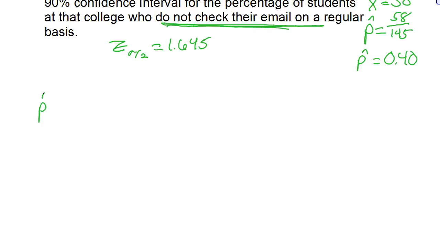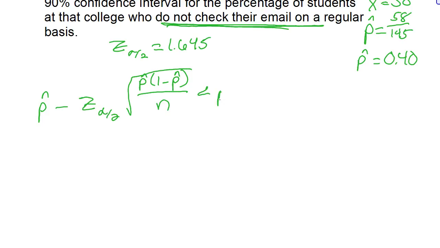Because our confidence interval is p hat minus z alpha divided by 2 times the square root of p hat times 1 minus p hat divided by n, less than p, less than p hat plus z alpha divided by 2 times the square root of p hat times 1 minus p hat divided by n.